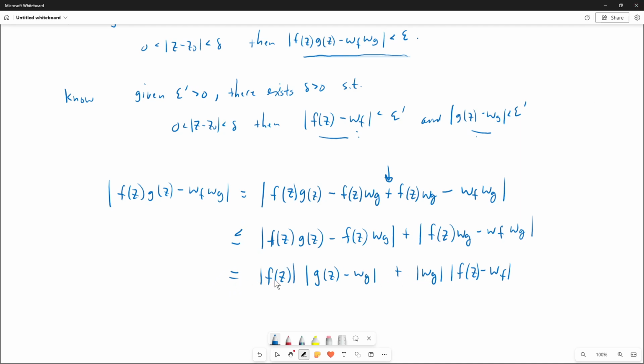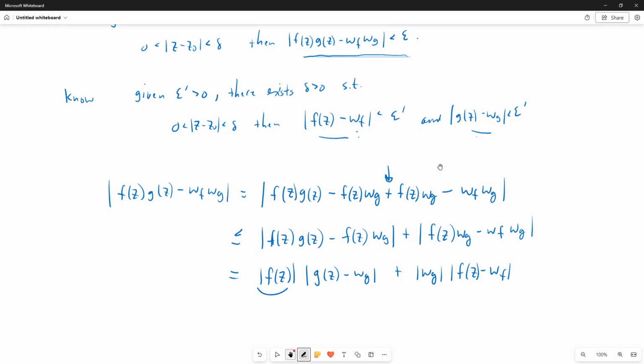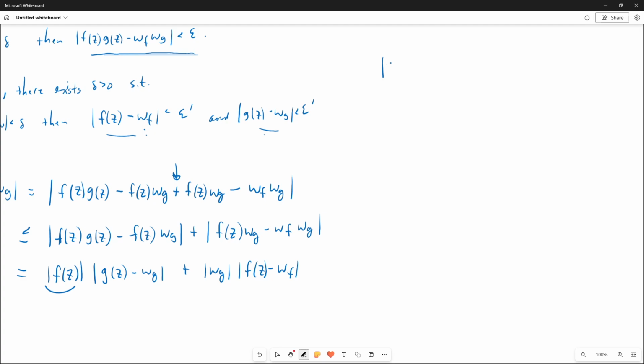We need to make a comment here about the modulus of f of z. Let's do that off to the side. The modulus of f of z is equal to the modulus of f of z minus wf plus wf, and that's less than or equal to the modulus of f of z minus wf plus the modulus of wf by the triangle inequality.